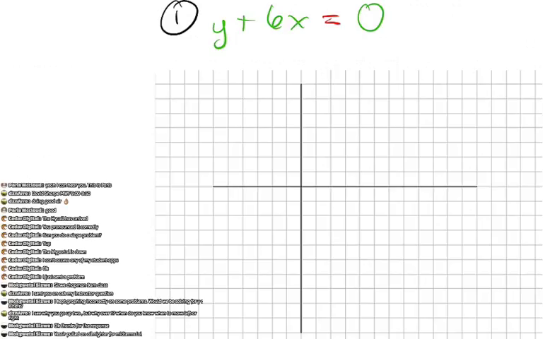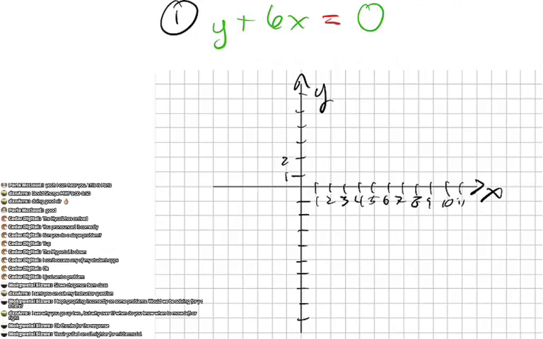So we need to go 1, 2, 3, 4, 5, 6, 7, 8, 9. 1, 2, 3, 4, 5, 6, 7, 8, 9. This is the positive x. This is the positive y. 1, 2, 3, 4, 5, 6. 1, 2, 3, 4, 5, 6. Negative 1, negative 2, negative 3.